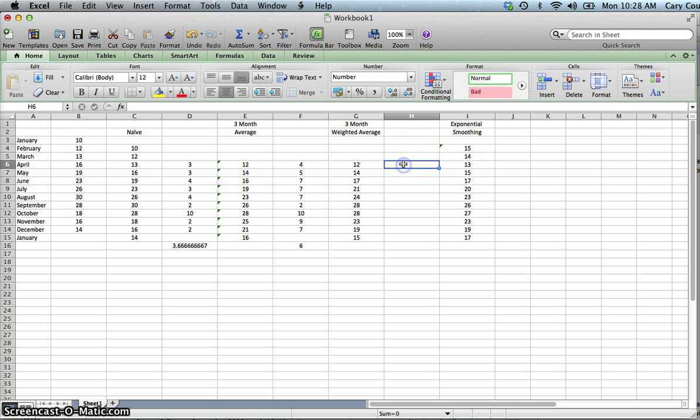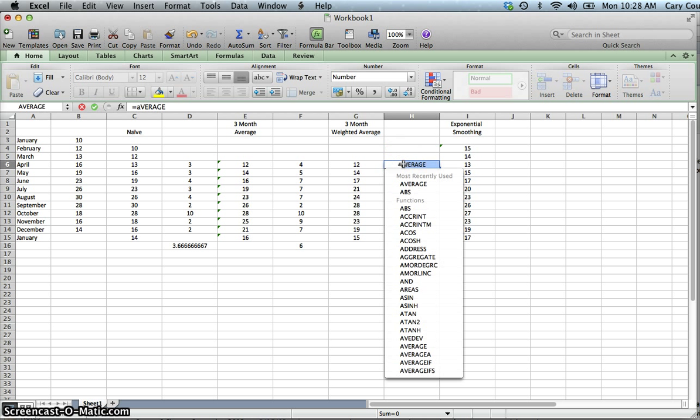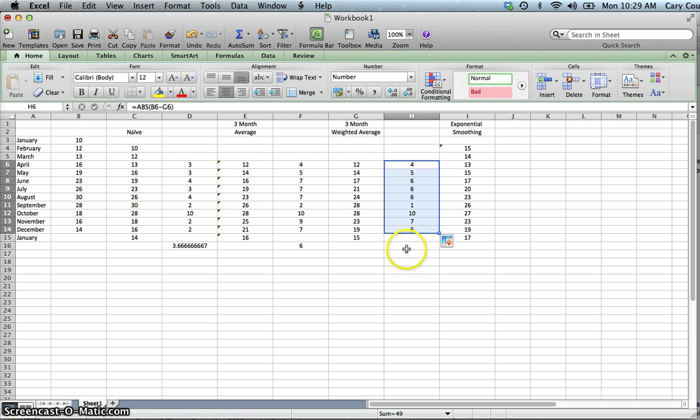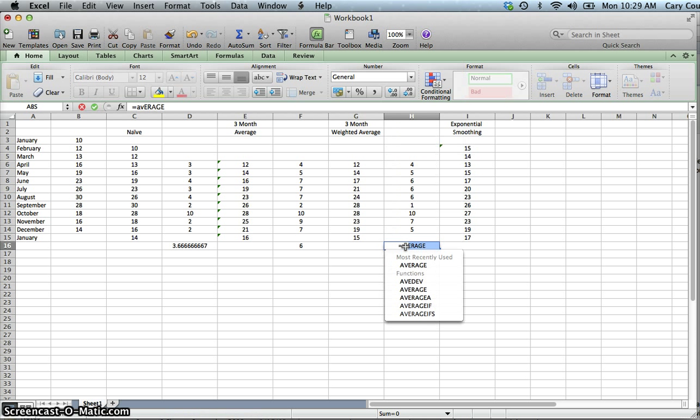Let's keep going through and see about the other techniques. So ABS, absoluting the difference between the actual minus our forecast, so how far we were off. We'll copy that down to December here, and then we will calculate the average of those errors.